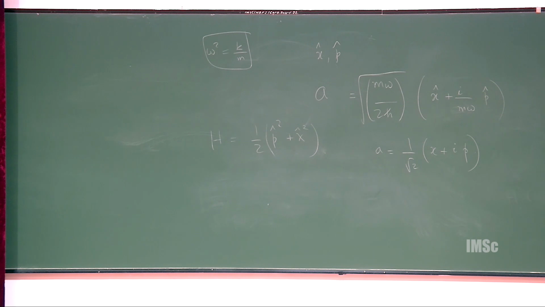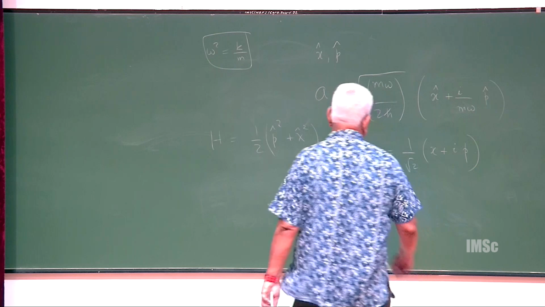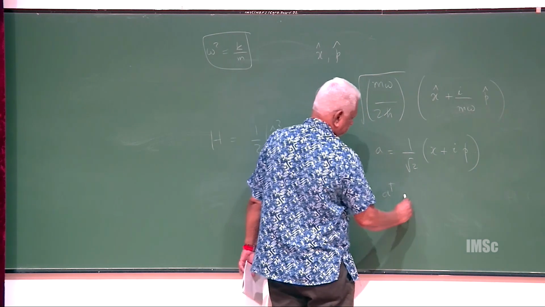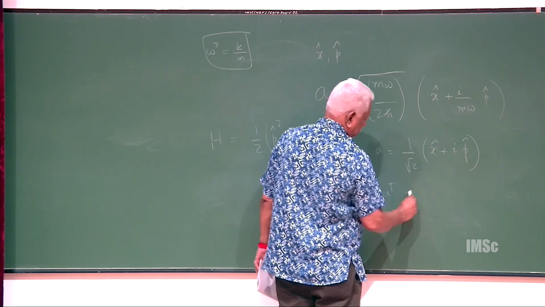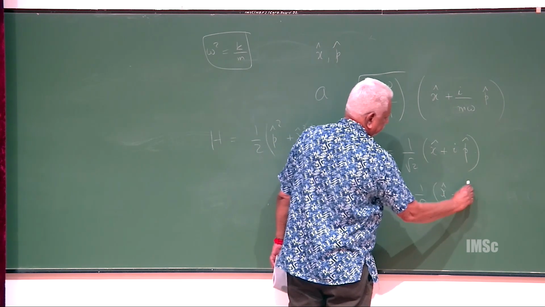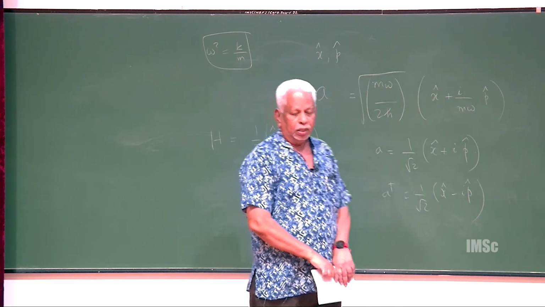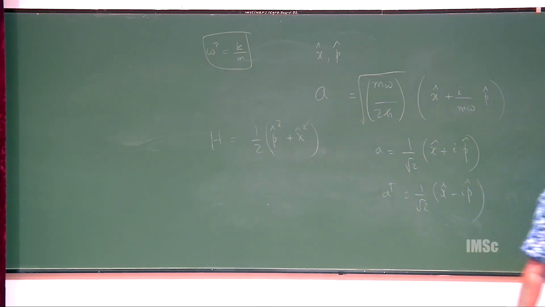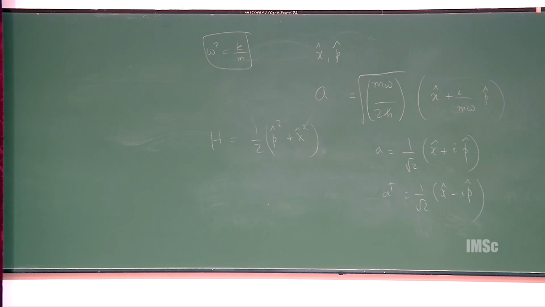That's what I am going to do. So there is another operator, A dagger, which is 1 by root 2 times x hat minus ip. There are two operators which I have introduced, A and A dagger, which together give essentially p square plus x square. That's what happens when you go from Cartesian to polar coordinates, right? R square is x square plus y square. That's what I am doing here.